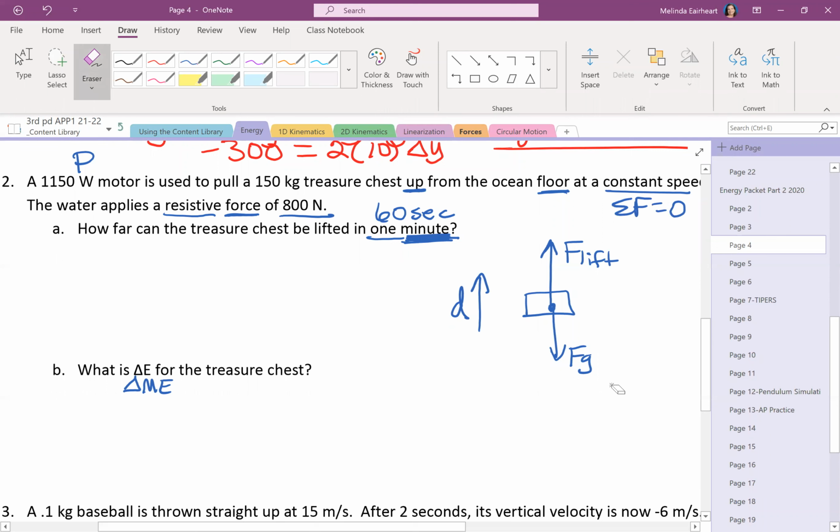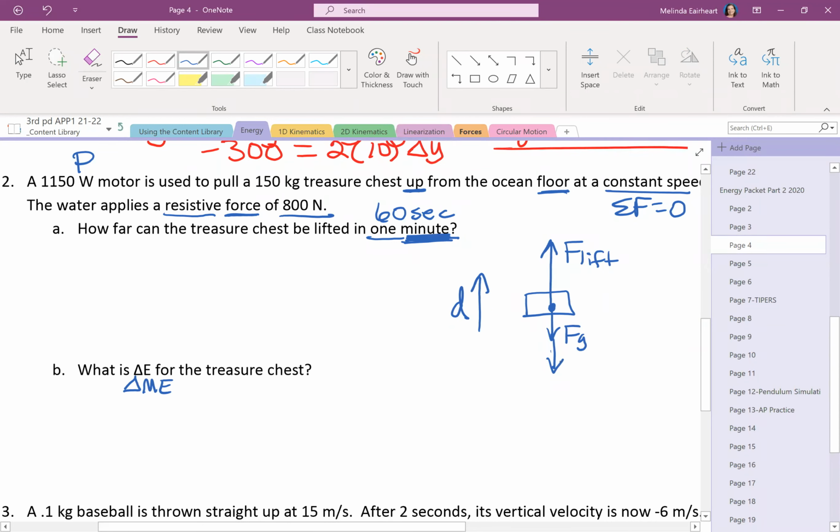So I'm going to erase gravity. Let me ask you that again. How big do I draw the gravitational force compared to the lift force? It should be smaller, not necessarily half, okay? But in terms of general magnitude, it should be smaller than the lift force because there's a second down force.